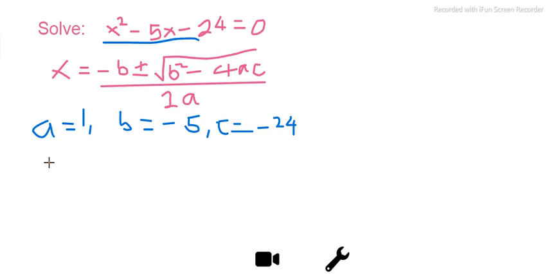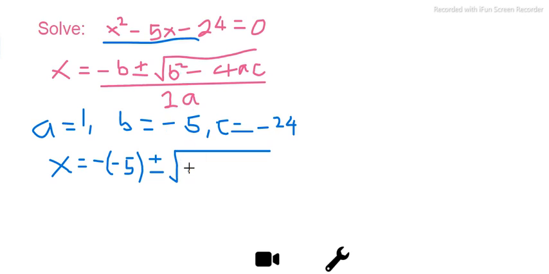We now substitute into the quadratic formula. The quadratic formula is x equals -b, so we have minus first, and our b is -5, so put it in bracket. The next thing is plus or minus the square root of b squared.